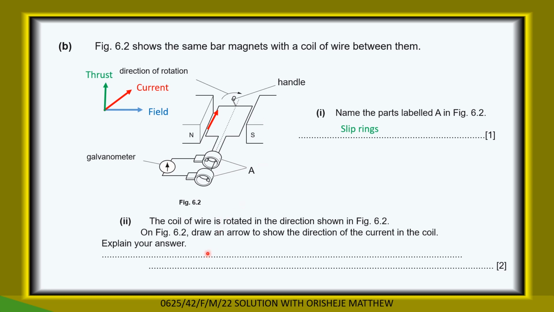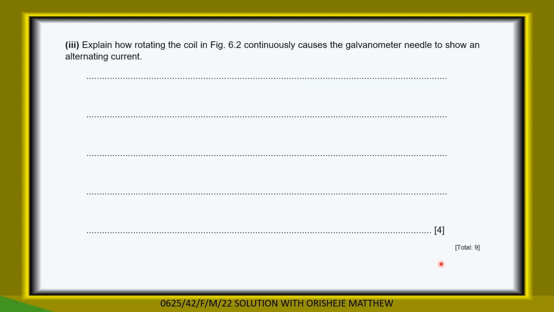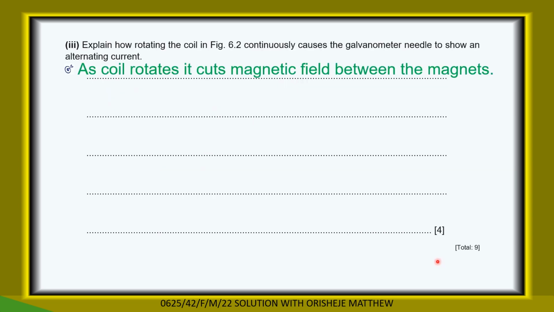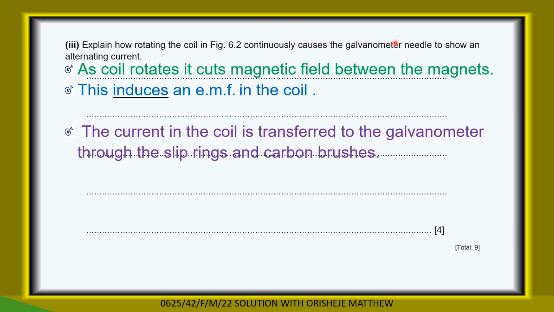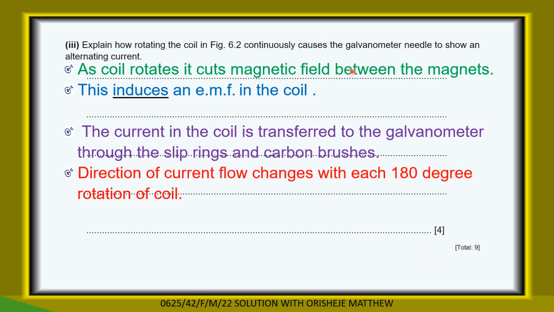So explain your answer. The field direction, the motion of the wire, and the induced current are mutually perpendicular according to Fleming's right hand rule. Explain how rotating the coil continuously causes the galvanometer to show alternating current. 1.